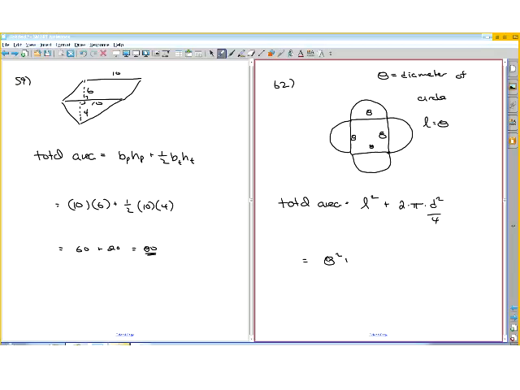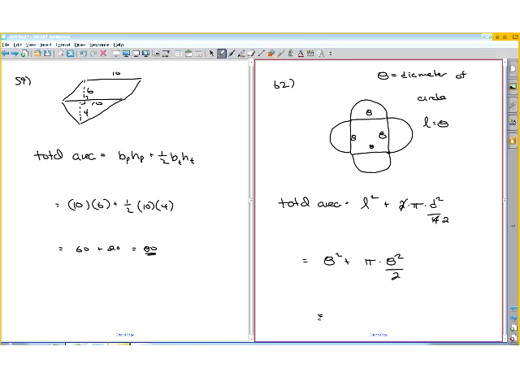So we have 8 squared plus, well, let's cancel those. So 4 divided by 2 is 2. So if we divide the numerator and the denominator by 2, this becomes 1. This becomes 2. So we have pi times d, which is 8 squared divided by 2. And now we just plug it into our calculator.